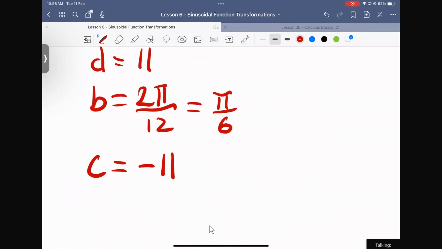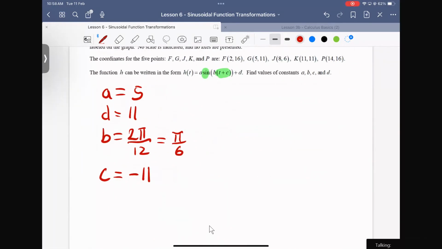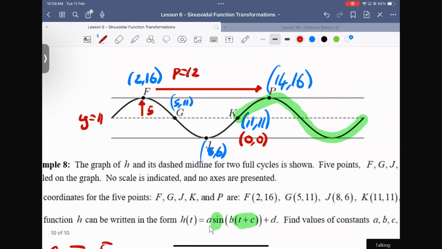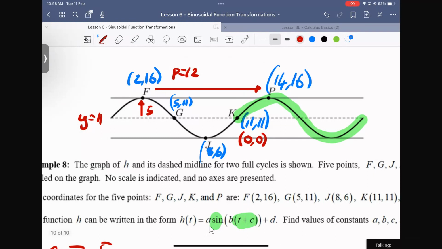However, remember that if this is at 11, where is this point here? There, you're getting it now? So we can have another period. We've got a period here of 12. So if there's 12 between these ones, then this one could be at -1, 11.